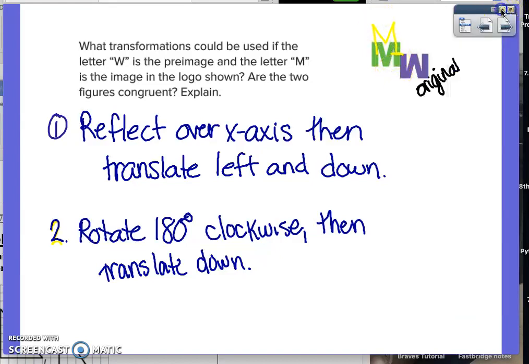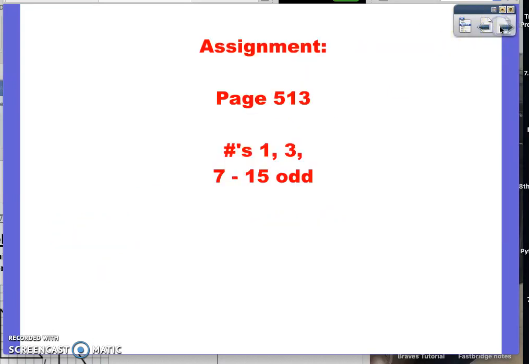So this yellow M is this one being rotated to here, and then it's moved down. Or if I reflect it over the x, it would be here, and then I would translate it to the left and down. How is it getting to become right on top of it?